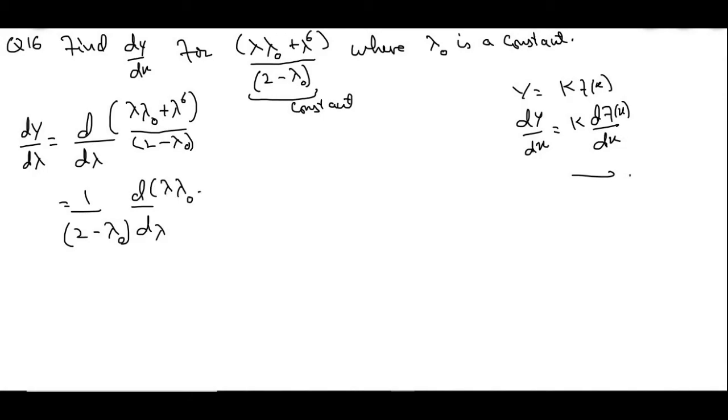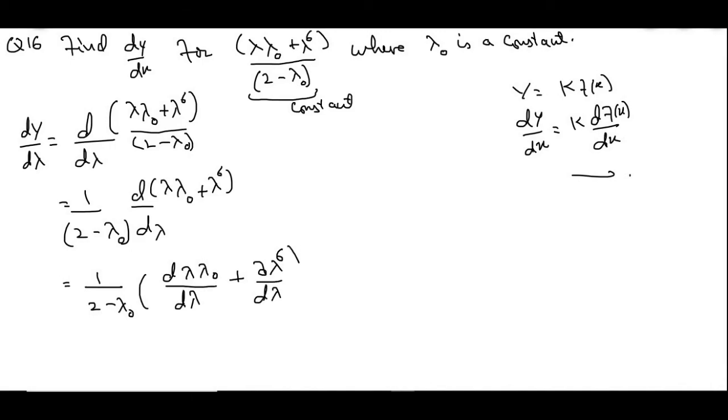and it is d by d lambda of (lambda naught plus lambda raised to power 6) times 1 over 2 minus lambda naught, applying sum rule, d lambda naught by d lambda plus d lambda raised to power 6 divided by d lambda, times 1 over 2 minus lambda naught.